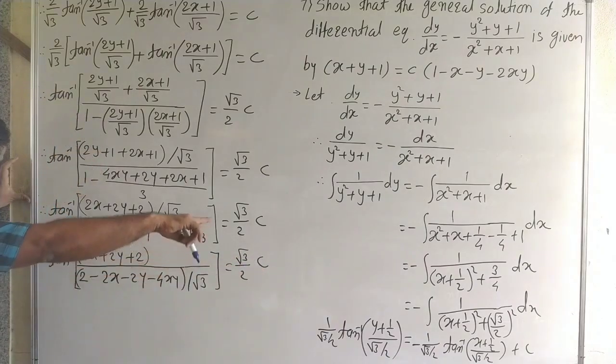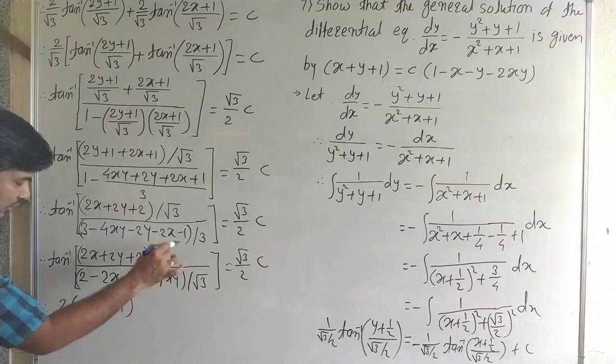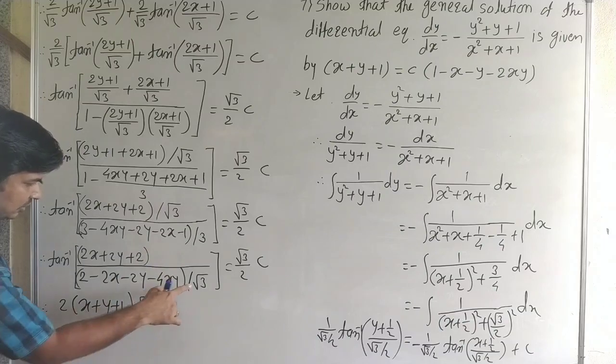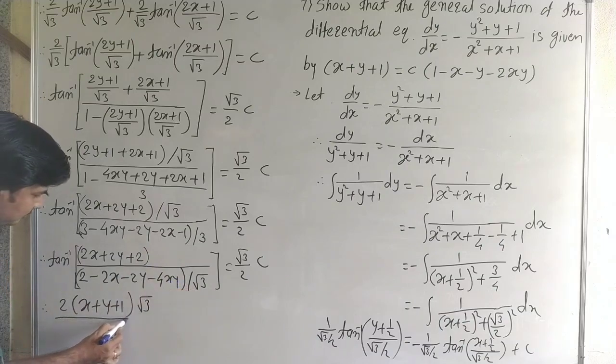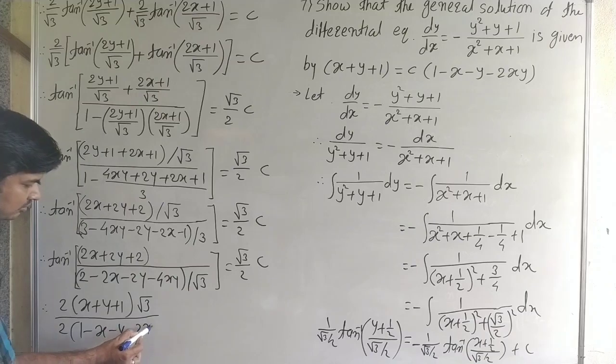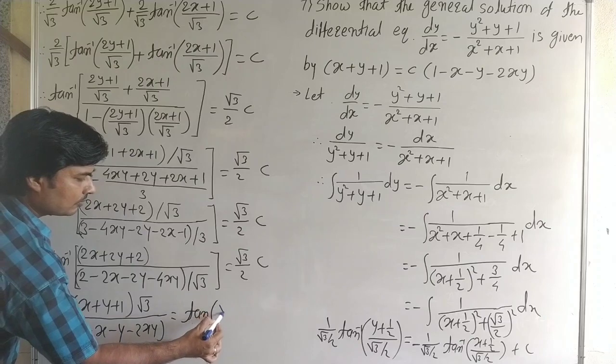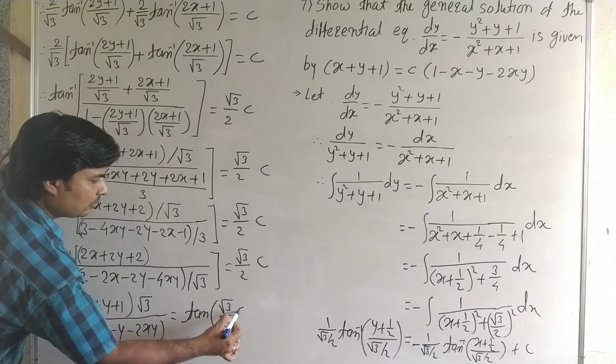Now this tan inverse we can write here. Then to get common, it is 2 into x plus y plus 1 into root 3, this root 3 upon, here take 2 common, then we get 1 minus x minus y minus 2xy is equal to tan of under root 3 by 2 into c.